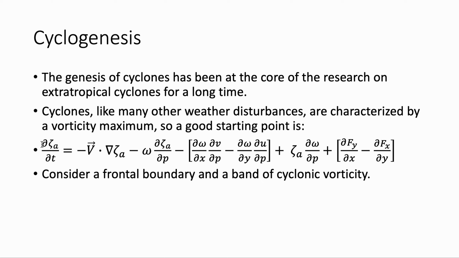The evolution of absolute vorticity is dictated by a variety of components. There's certainly an advective component over here, there's a tilting component, there's a stretching term, and there's friction. Okay. Now, we could imagine a simple situation where we could ignore friction and we could say, let's just ignore any tilting. So let's assume that the vorticity is already vertical.